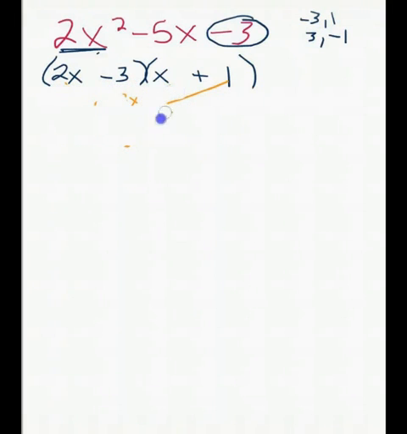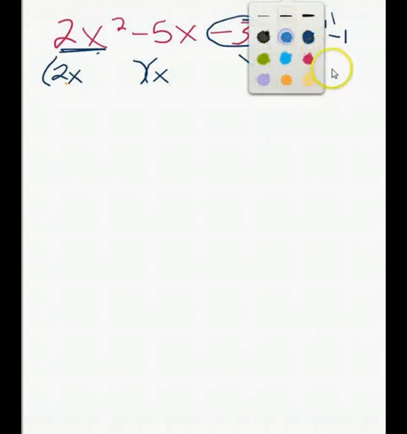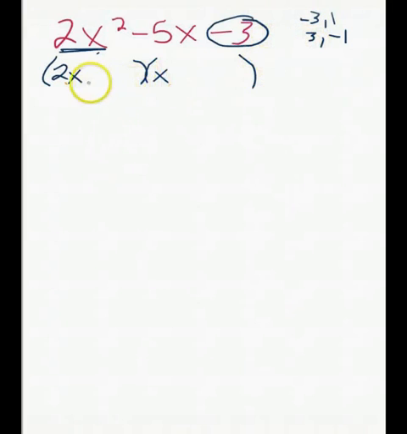So we're now going to try a different combination. All of this is gone, and we're going to try the other combination I have. The negative 3 and the 1 didn't work, so let me put the 1 over here and the negative 3 over there. Because I have different multipliers here and here, I have the opportunity to just swap the same numbers.